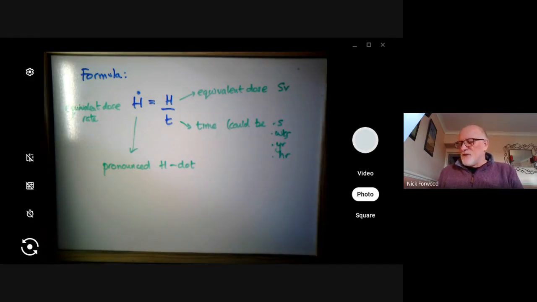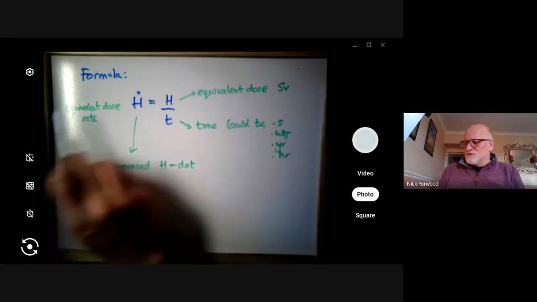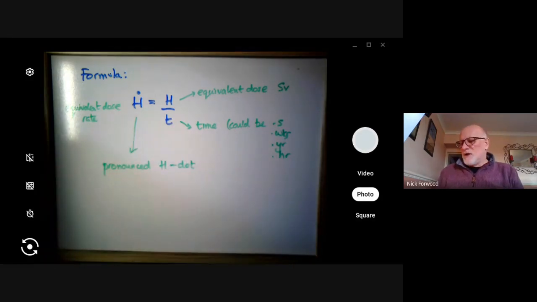You'll always get that given to you, and you've just got to do some sort of conversion, as we did in that last example, part A and part B. First one where we looked at rate changes in terms of time, and the second one where we looked at rate changes in terms of whether it was milli to micro.